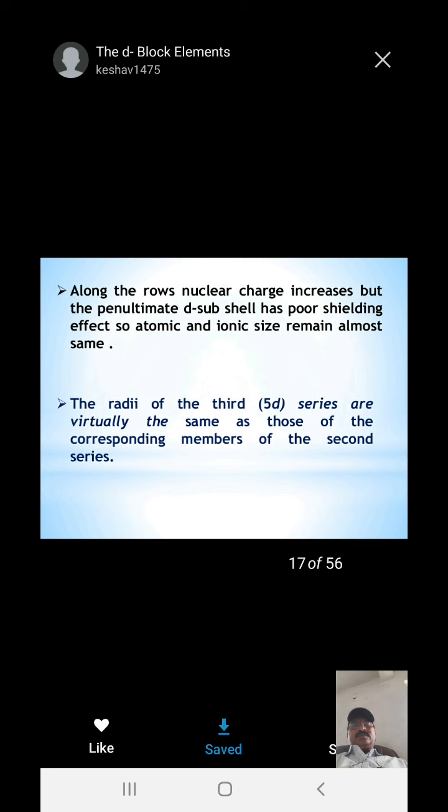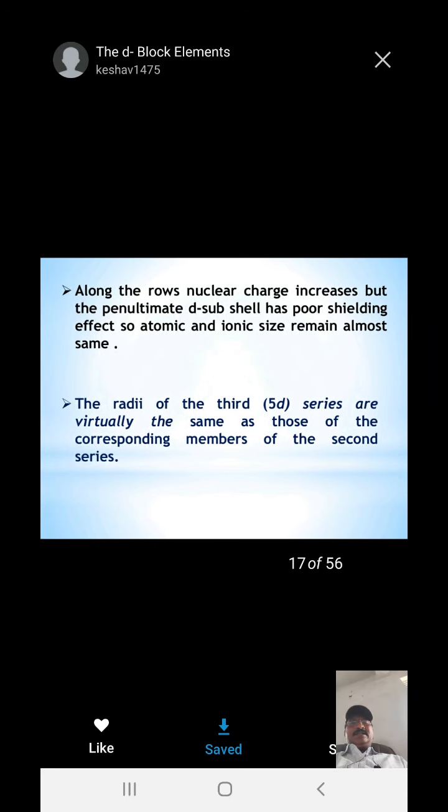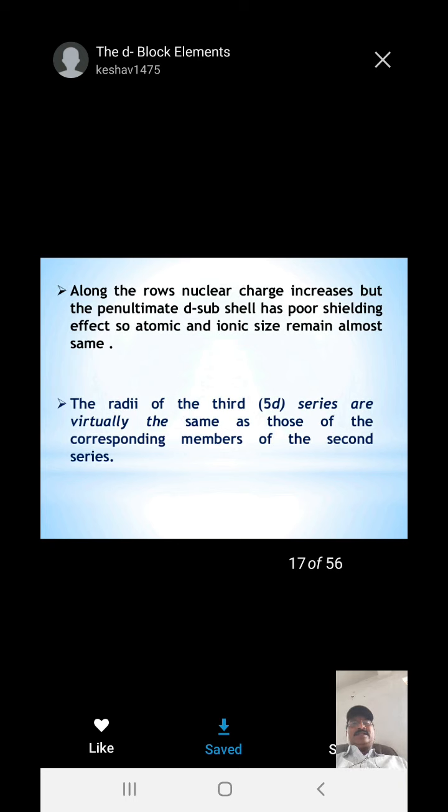Here, see, along the rows nuclear charge increases, but the penultimate d subshell has a poor shielding effect, so atomic and ionic size remain almost the same.